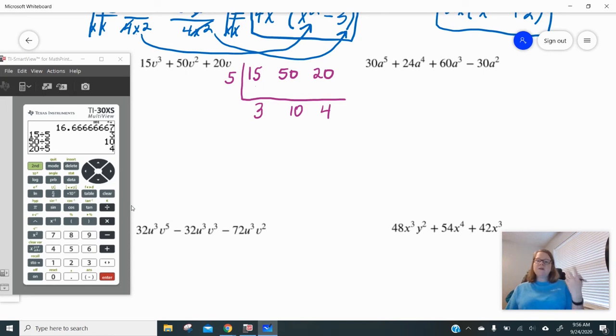And then you want to think, okay, let me start over with 3, 10, and 4. Is there anything that'll divide into all three of these? Now, I will give you a little tip here. 3 and 4 are numbers that are in order when you count. That means there's nothing that will divide into all three of those numbers.